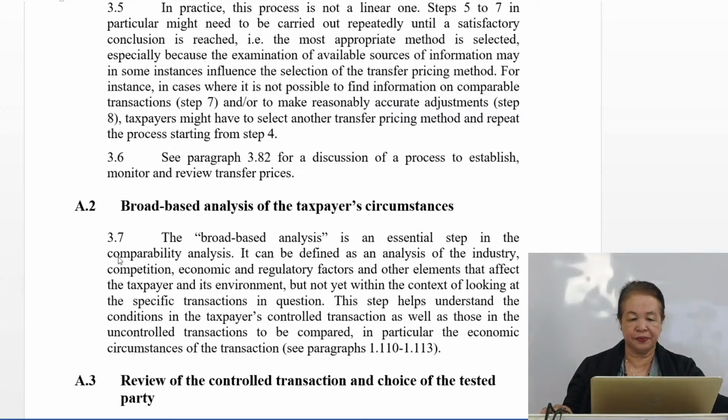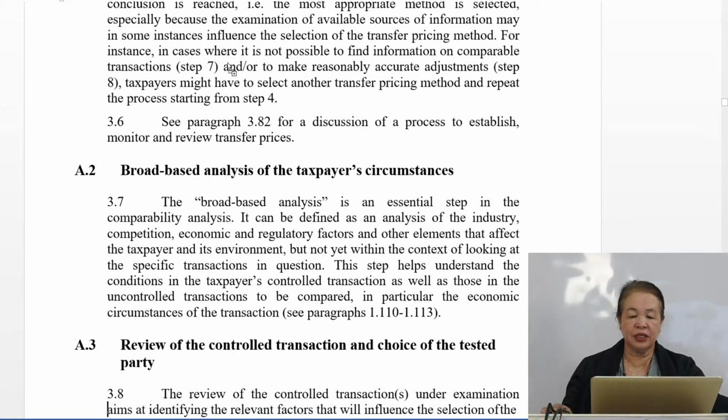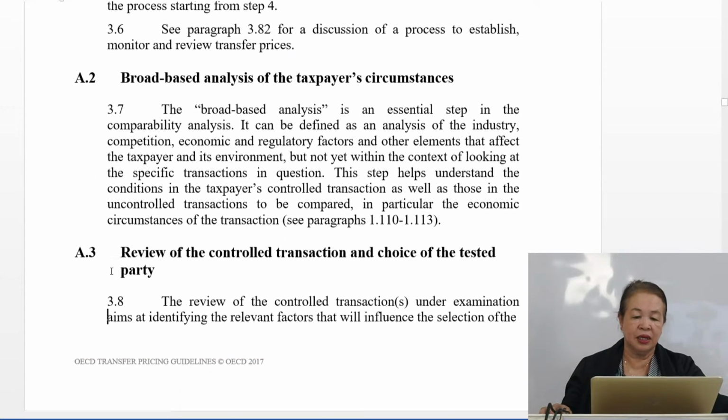For instance, in cases where it is not possible to find information on comparable transactions, step 7, in order to make reasonably accurate adjustments, step 8, taxpayers might have to select another transfer pricing method and repeat the process starting from step 4. See paragraph 3.82 for a discussion of a process to establish, monitor, and review transfer prices. So, pwede.